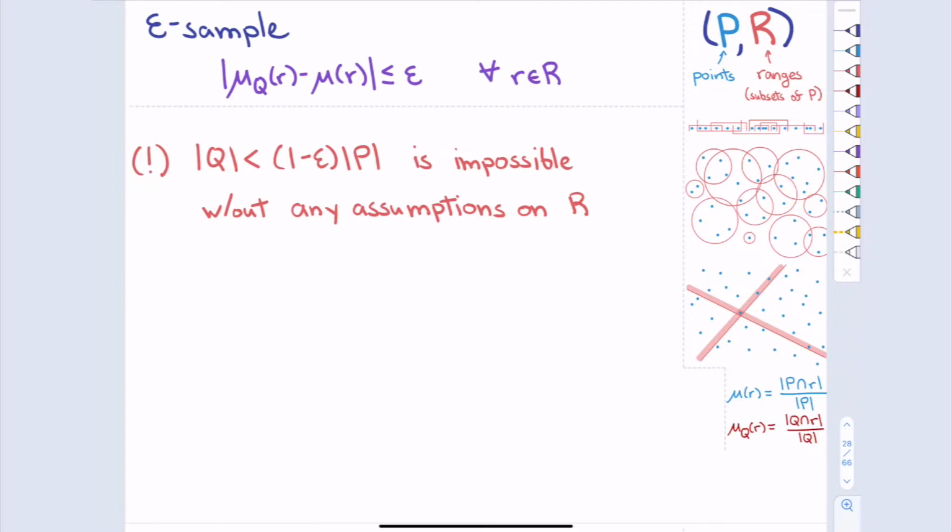But then give me a definition of P and R where you can do that. A range space consists of a set of points and a family of ranges. So an example might be a fixed set of points in a plane and then all possible disks in the plane, which induces a bunch of subsets. In other words, just define for me a set of points and then tell me what R should be.